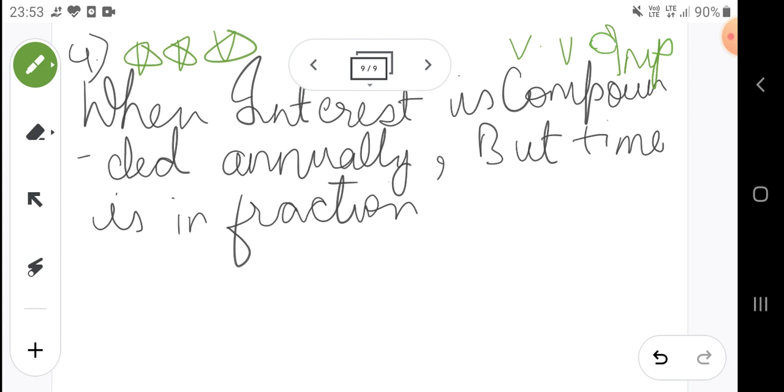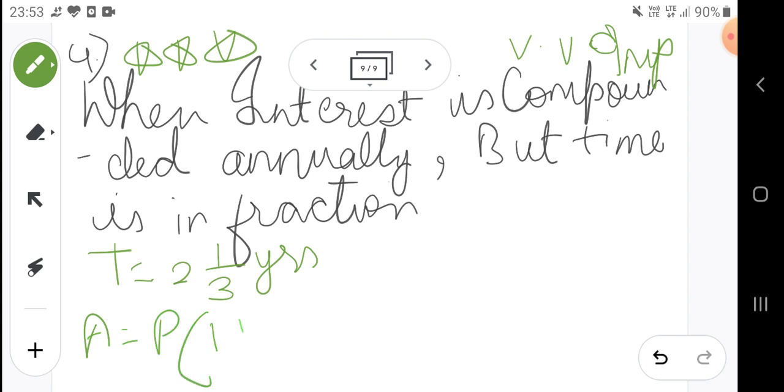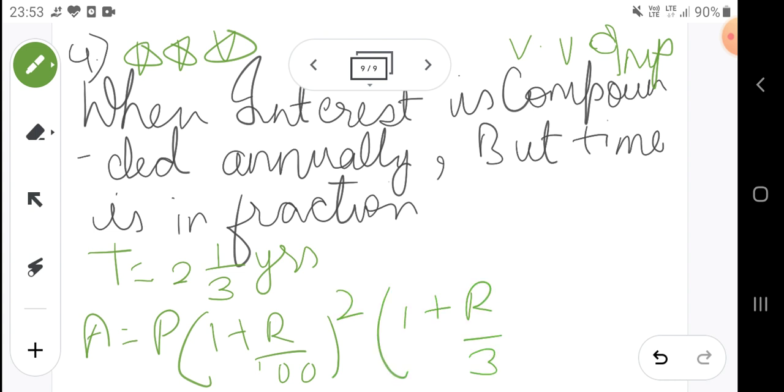How to do it? Let's take time given to you as 2 and 1/3 years. So how to do it? Amount equals P (1 + R/100) squared times (1 + (1/3)R/100). Now how to use this?